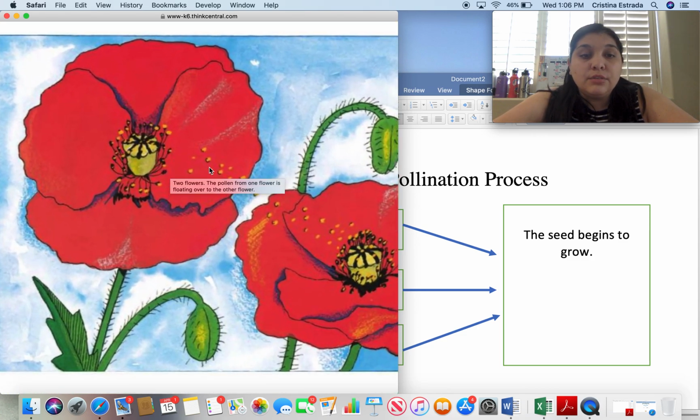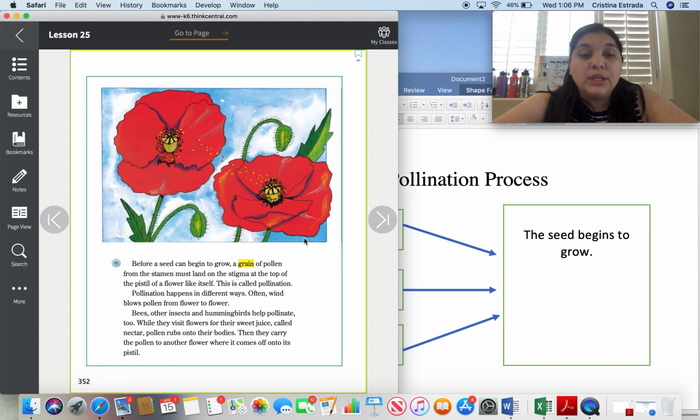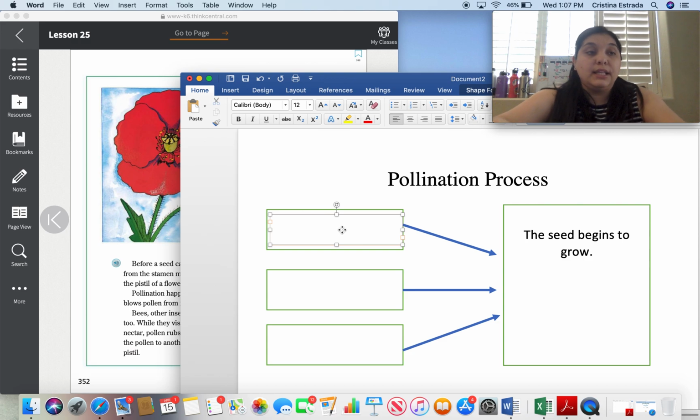We see these little flecks going from one flower to another. And then I remember reading that those are grains of pollen. And those grains of pollen go from one flower and they land on the stigma of the other flower. So I will write that down.